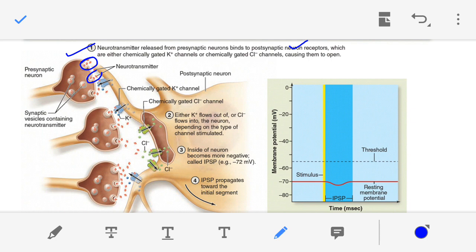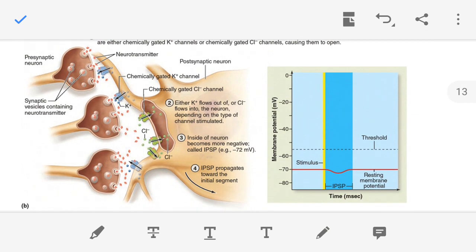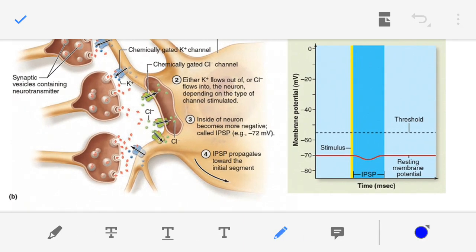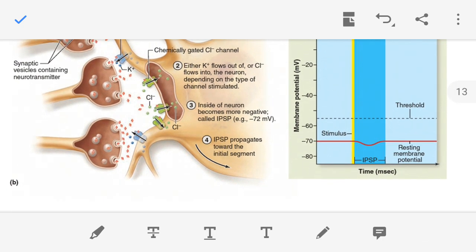Okay, so now the chemical gated K+ channel or chemical gated Cl- channel is open, and as these channels are open, either K+ is moving out of the postsynaptic neuron, flowing outside, or Cl- negative charge ions are entering inside the postsynaptic neuron.